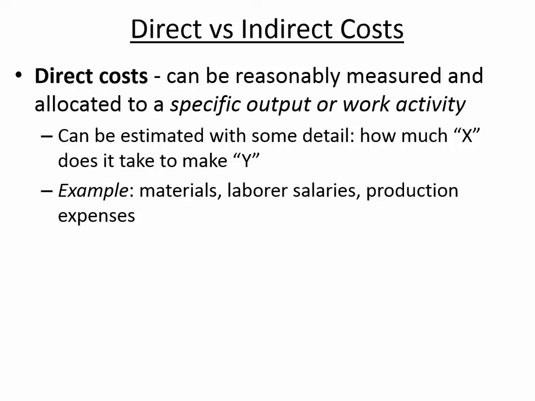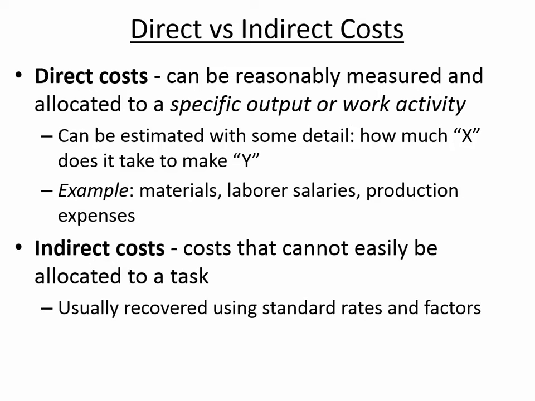But some things are a little bit more vague, and those are what we call the indirect costs. They're not easily allocated to a task. So for example, when you think about the supervisors that may be on site during the construction of that highway bridge, how many supervisors does it take to make a bridge? It's not on the plans, right?